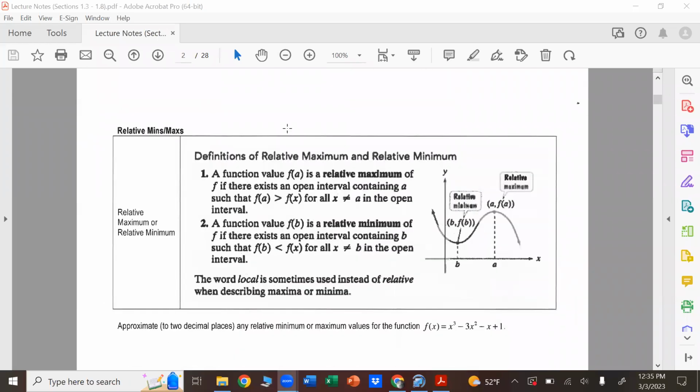Okay, relative mins and maxes. Let me explain the whole tangent line situation again. What if I drew a line like this, and drew another line like this? What would be the slopes of those two lines? Yeah, exactly.